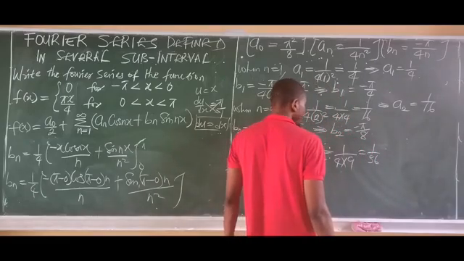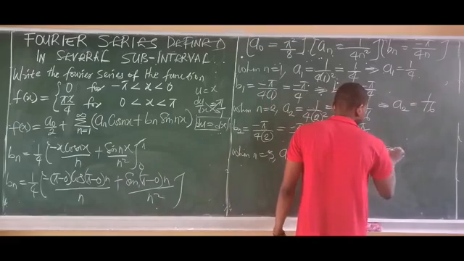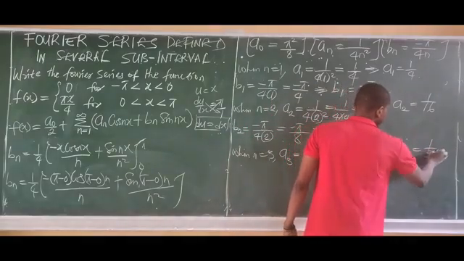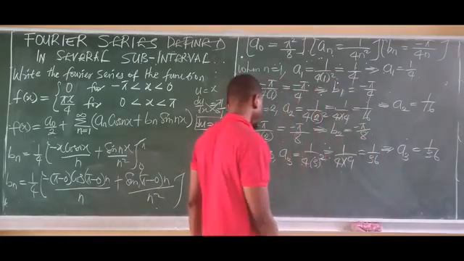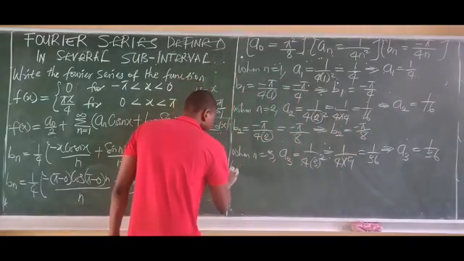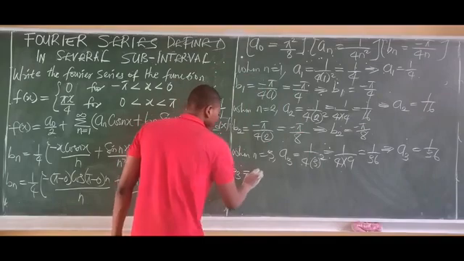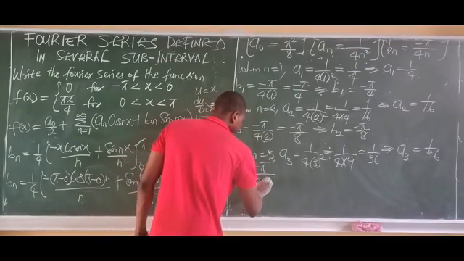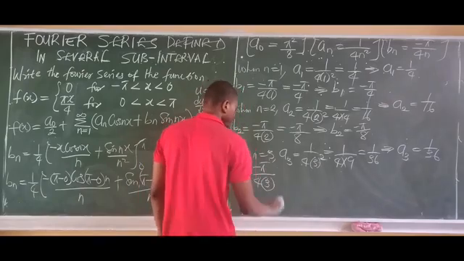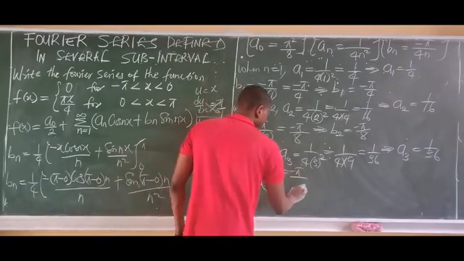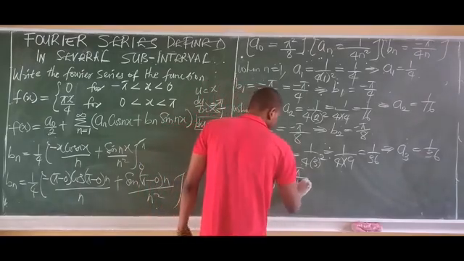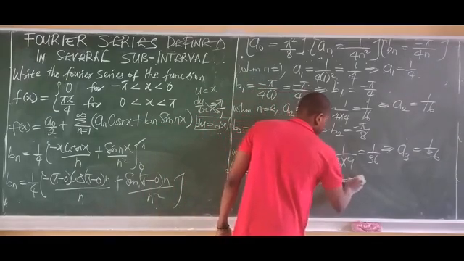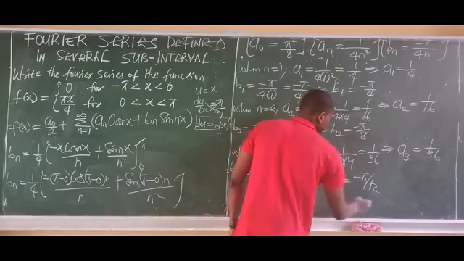So A3 is simply 1 divided by 36. And similarly, B3 becomes, remember, minus pi over 4n, and n is 3. So this is actually minus pi all over 4 times 3, which is 12. So this simply implies that B3 is actually minus pi all over 12.